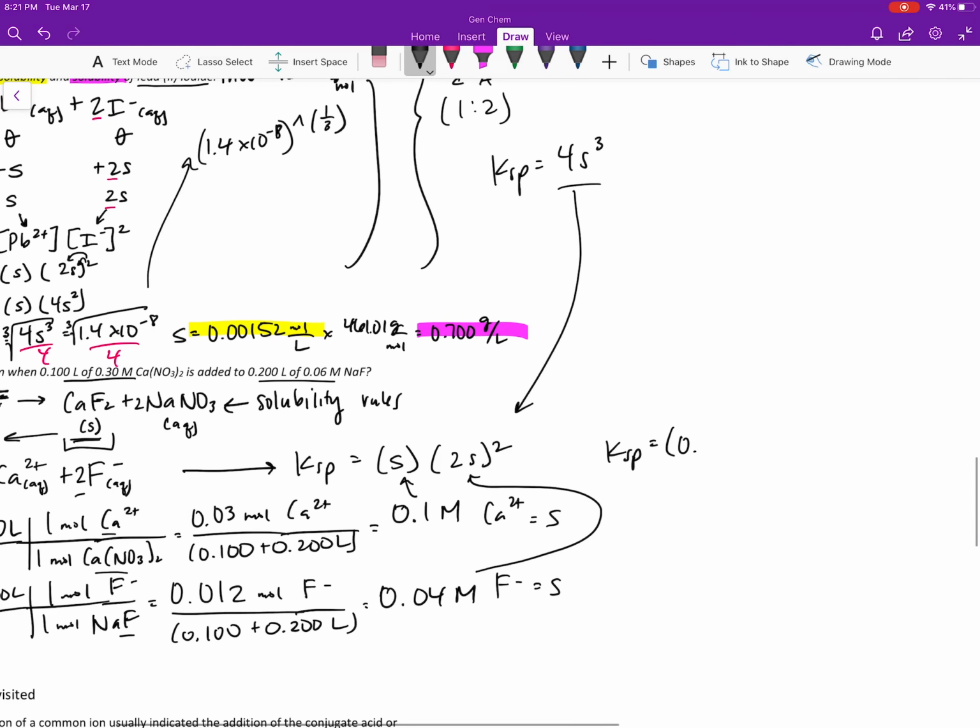That tells me the KSP is going to be the concentration of calcium times 2 times the concentration of fluoride squared. And in fact, I can take the molarity out of the numbers because it's unitless still.